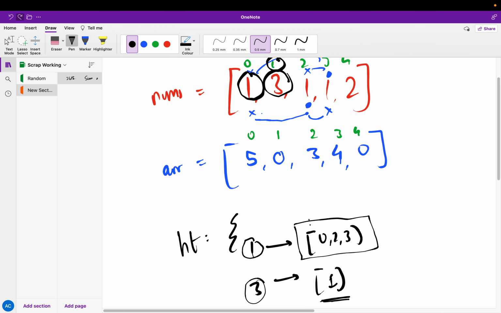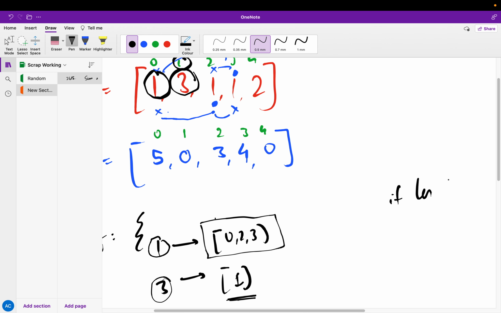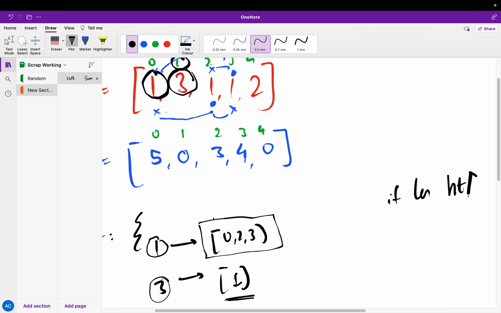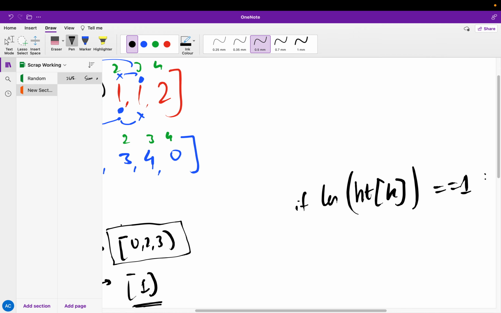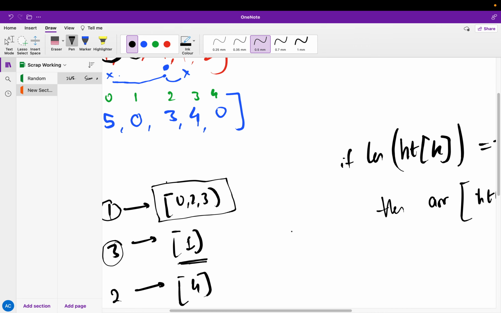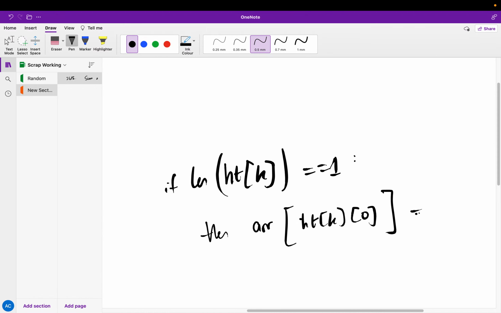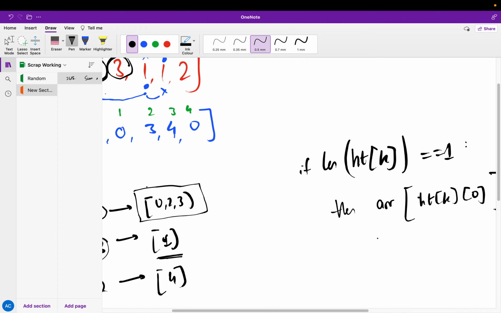So yeah, if the length of ht at a particular key is equal to 1, then the array at ht[k][0], I guess, like accessing that particular position, should equal 0. This is just a way of easily handling the zero case, but it looks a bit convoluted.